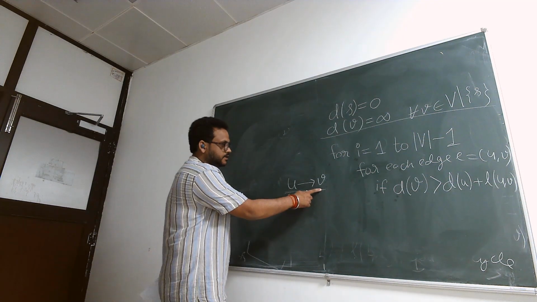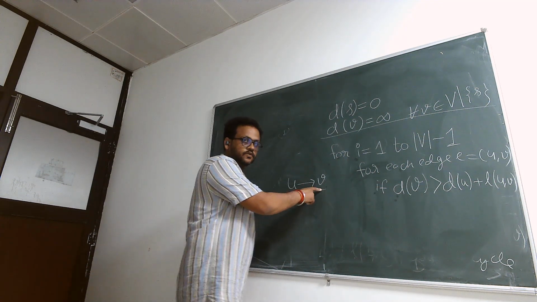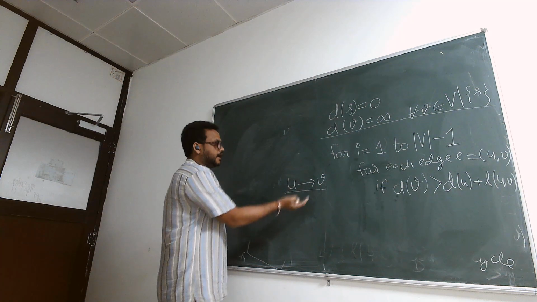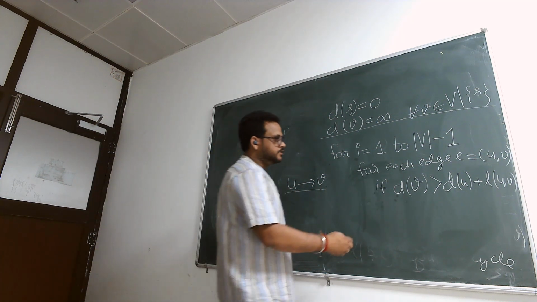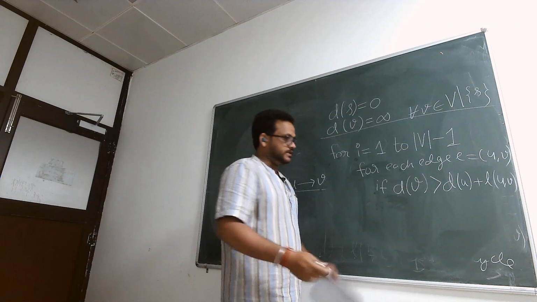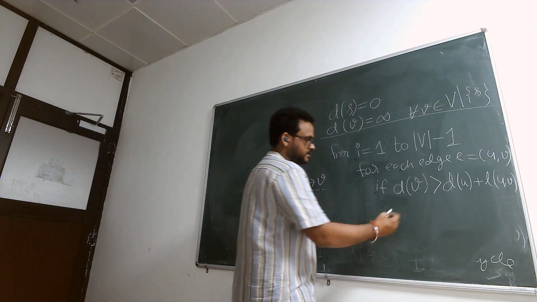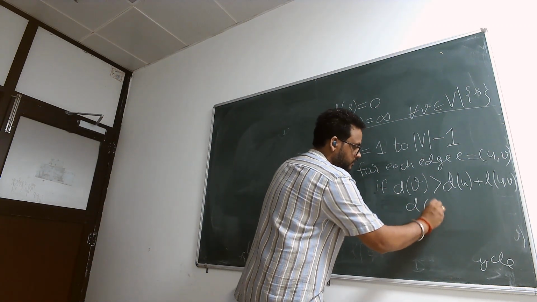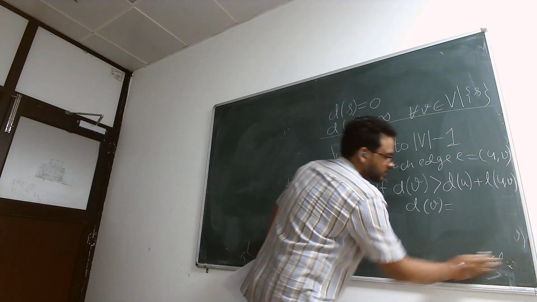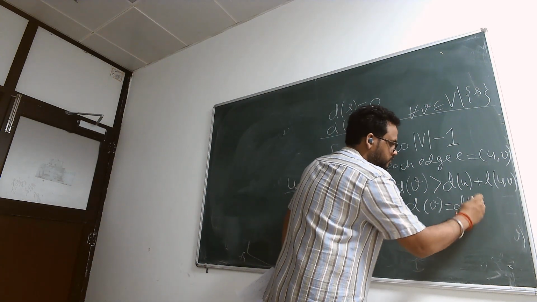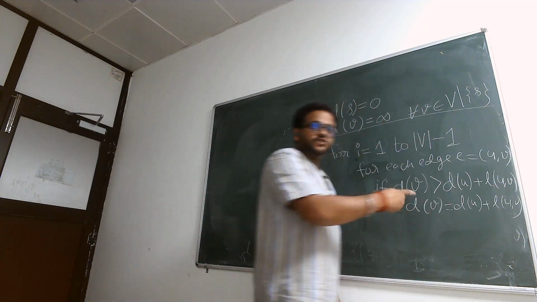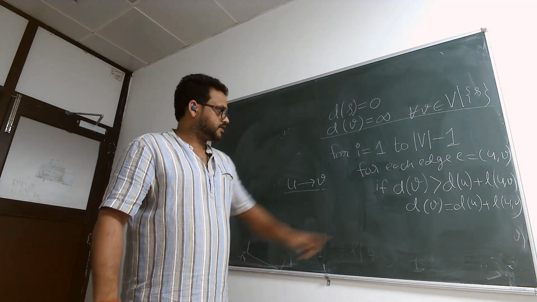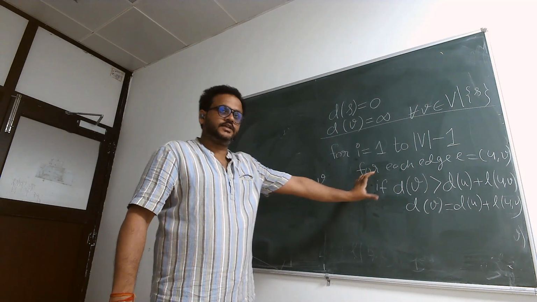So if the current distance of v is greater than the current distance of u plus this edge length, then this is called relaxing an edge. How will I relax this edge? dv will change to dv equal to du plus luv. We have seen this operation in our Dijkstra algorithm. This particular operation is called relaxing an edge.